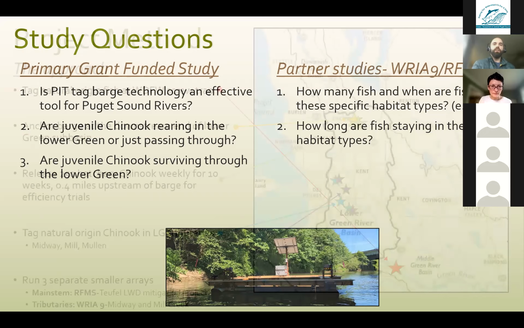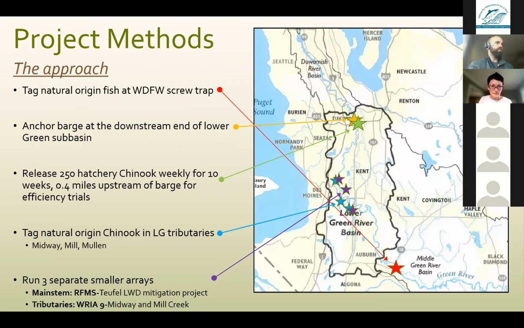So here's just a big overview for you guys on the approach for how we did this project. The red star down here is how we are going to get our fish tagged in the river. We have the DFW screw trap, located at the lower portion of the middle Green. This served as a great opportunity to tag natural origin fish.